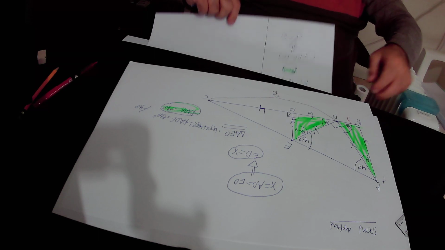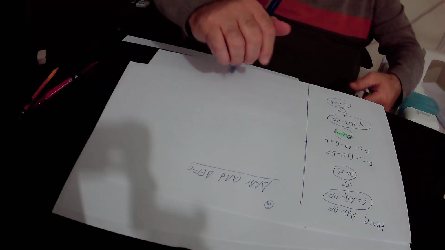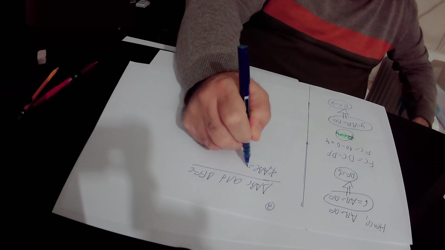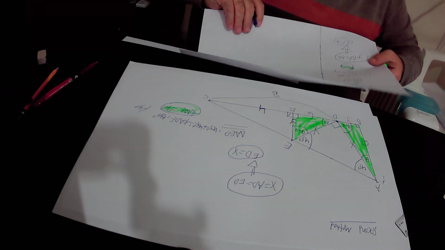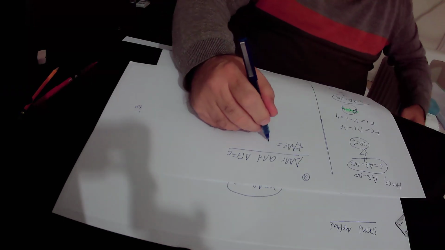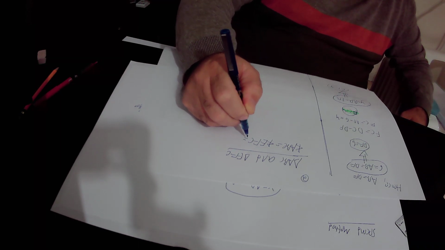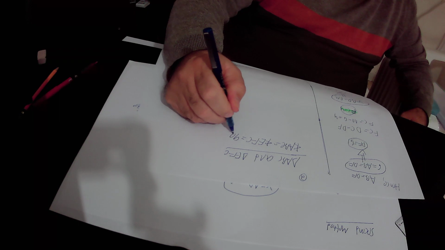So angle ABC is equal to angle EFC, and both angles are right angles, they are equal to 90 degrees.